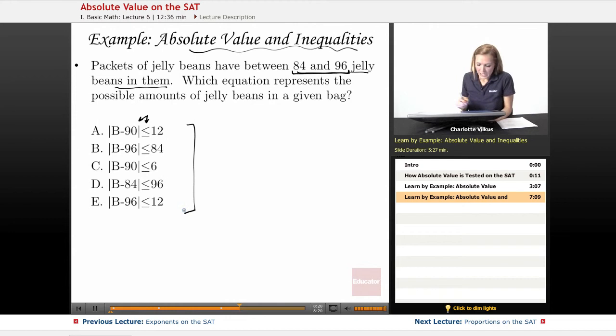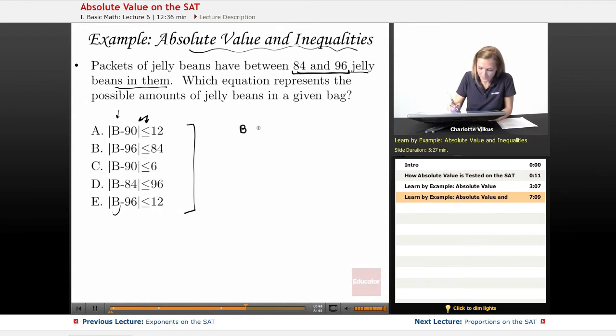So here the thing is we take a variable, and here they used b all the way through. Obviously, when we're just making up our own variable, it doesn't really matter what it is. If you were given something like this, you would just use whatever variable the SAT had already given you. So here we're using b for jelly beans, probably.